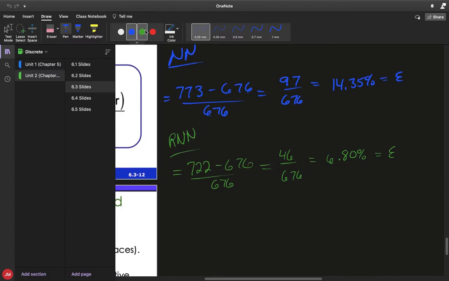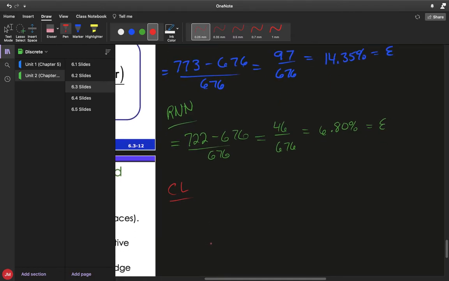We now have our third and final one that is not brute force, which again was cheapest link algorithm. Let's go ahead and look at its relative error.